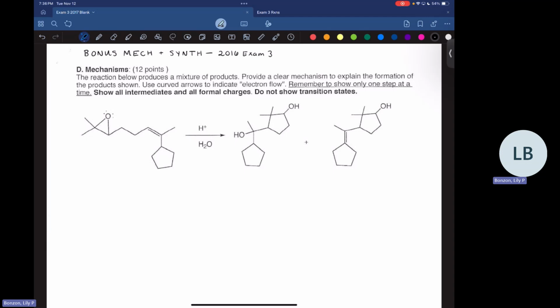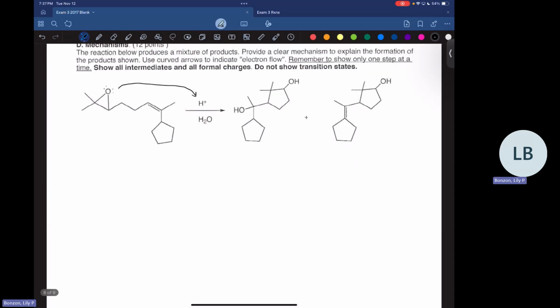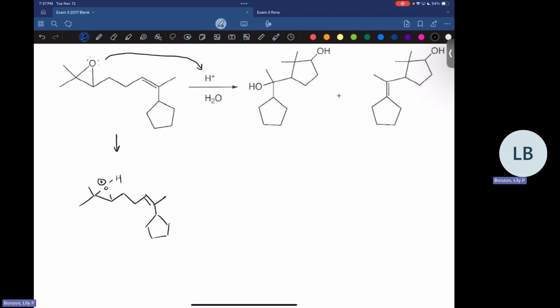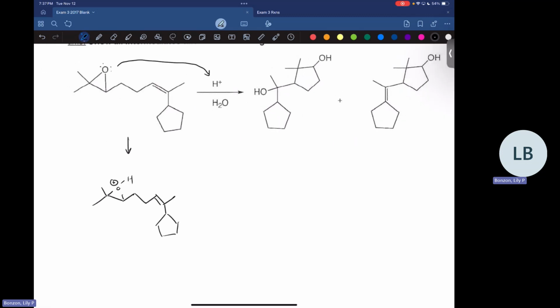So this one is going to want to react and break that ring strain. For that reason, I'm going to use the epoxide oxygen as my nucleophile and have it take the H plus and get protonated. So my first step is just protonating the oxygen of the epoxide. And then from here, we can do some other stuff.